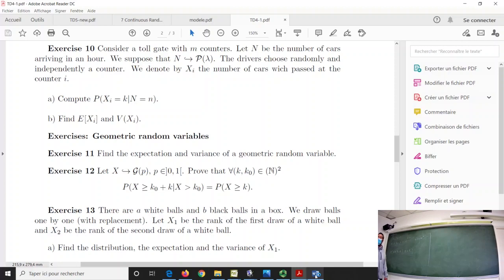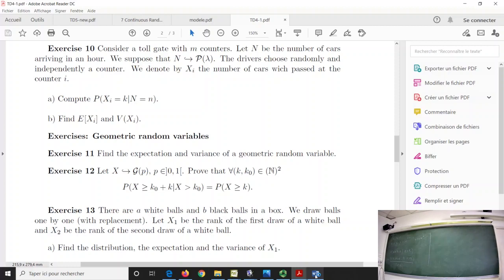P of A given B is P of the intersection over P of B. I say nothing, I just use the definition of the conditional probability, nothing more.